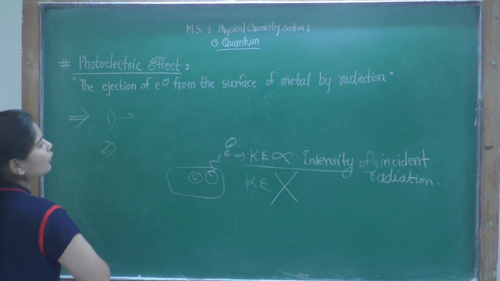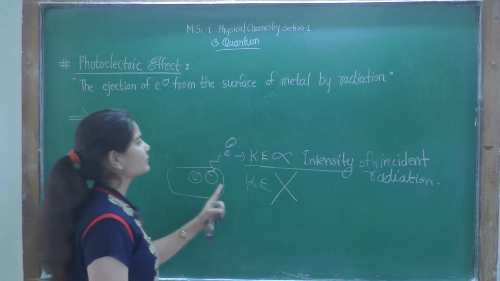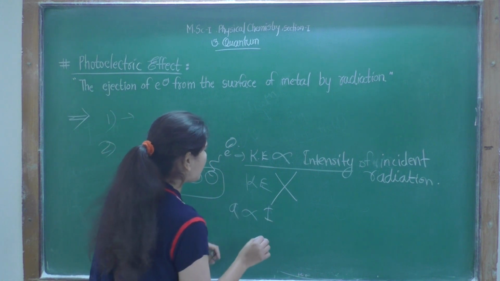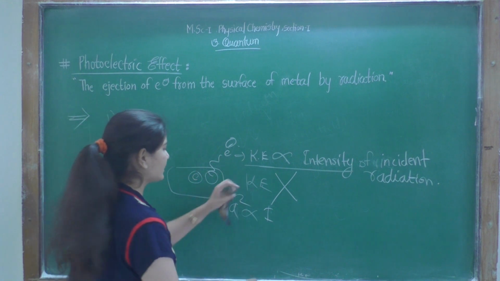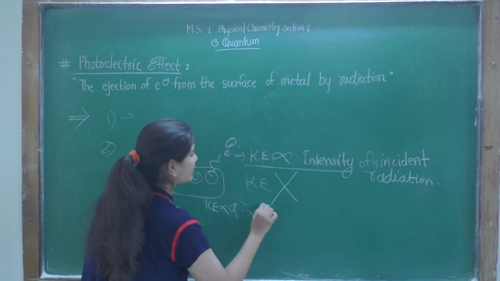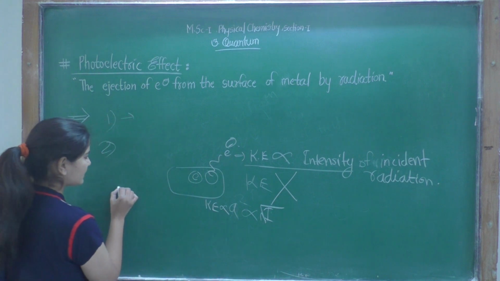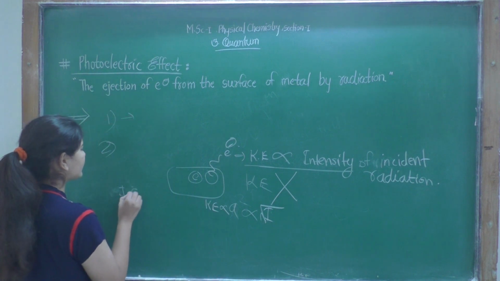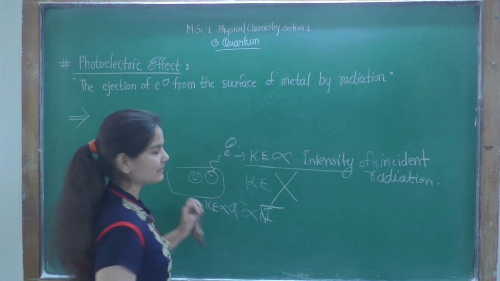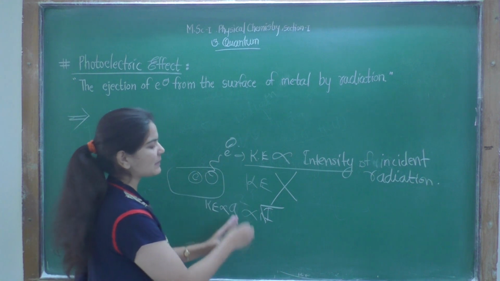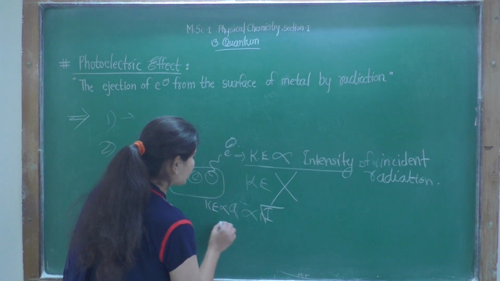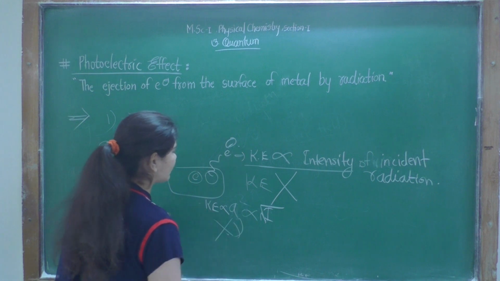And the second contradiction: kinetic energy should depend on amplitude, and amplitude will depend upon intensity, because intensity is directly proportional to A squared, so root I is proportional to A. Whatever it may be, kinetic energy is proportional to amplitude and to intensity according to classical theory, and there is no relation between frequency and kinetic energy.